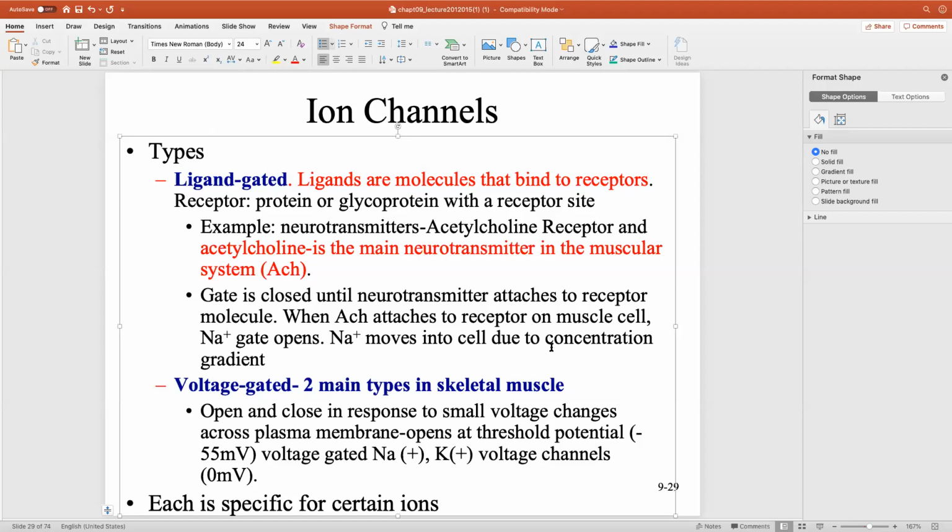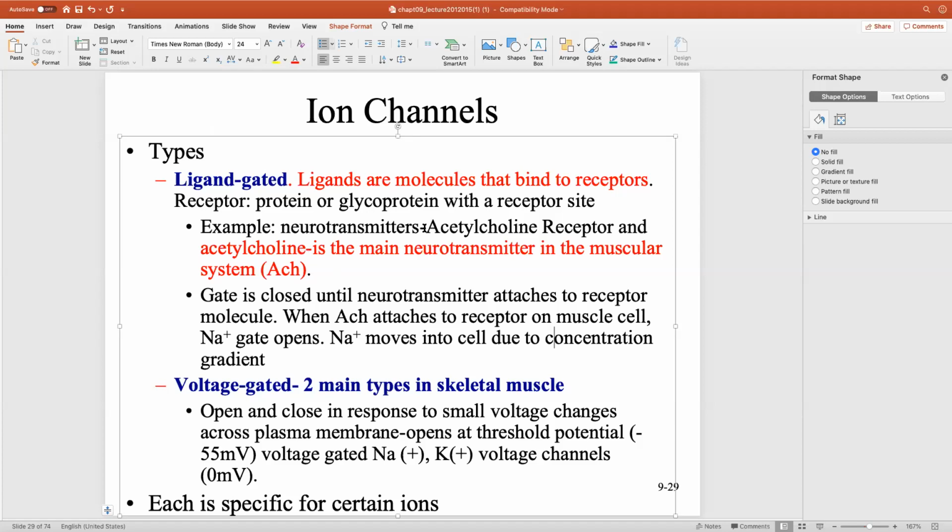So all of your hormones are types of ligands. All of your neurotransmitters are types of ligands. So ligand is a very general name. One of the main ones we're going to talk about is a class called neurotransmitters and a specific neurotransmitter called acetylcholine.